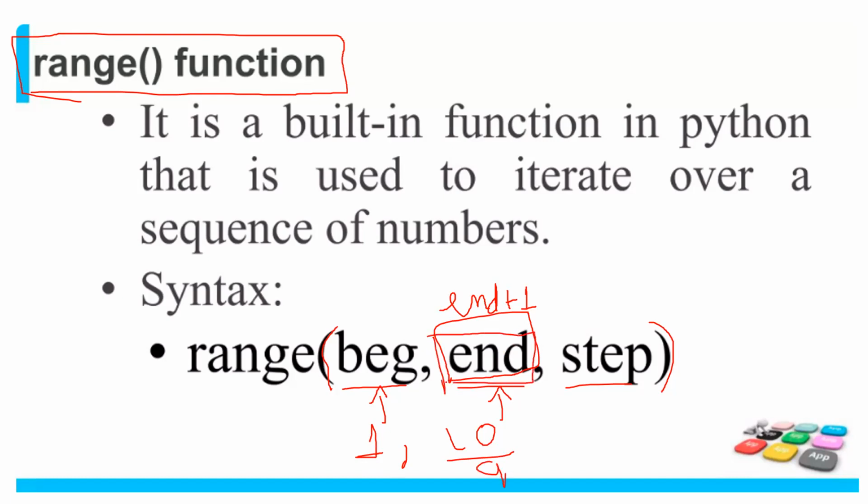This is the only rule of this range function. And stepping will tell you whether you are going to run in increasing order or in decreasing order. Firstly, we are not having so much time, so I will show it in the practical only.